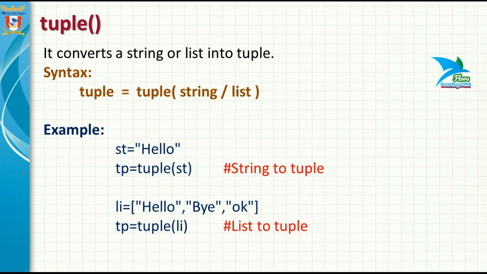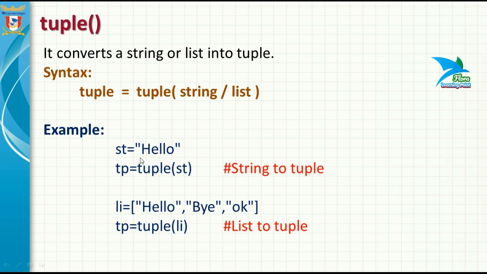Next we have the tuple function. It converts a string or a list into a tuple. If you want to convert a string or a list into a tuple, then you can make use of this tuple function. The syntax is that it returns a tuple, that is the return type, and the name of the function is tuple, and inside the brackets you specify the name of the string or list as a parameter.